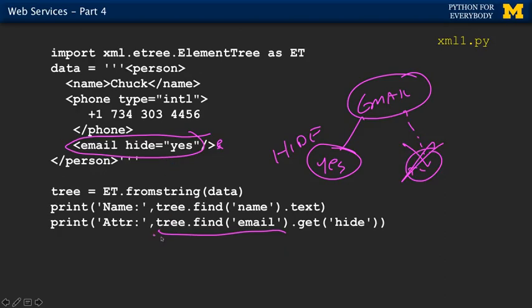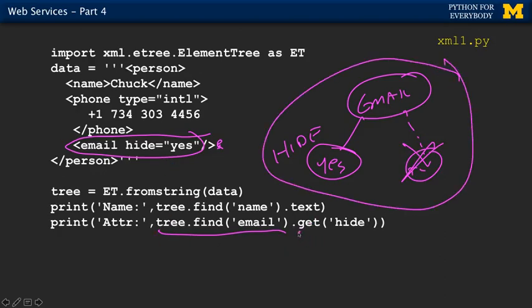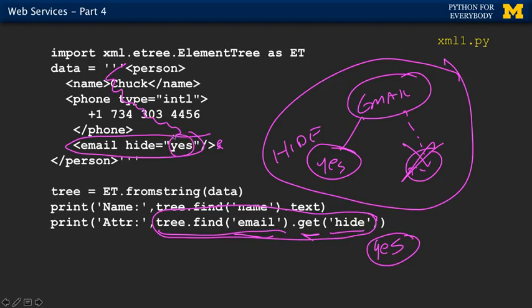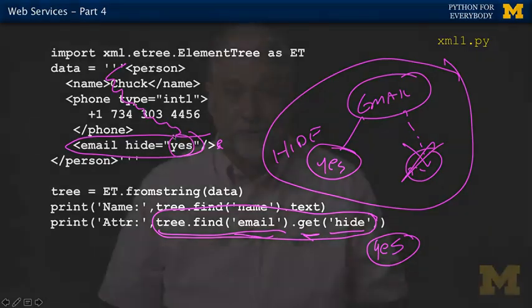So we say tree.find('email'), that gets us this whole thing, and then we call the get method within it and say get('hide'), and that says go find me the attribute named hide within the tag email. And so that then gives us back yes. So this whole expression, tree.find('email').get('hide'), gives us yes. And so that allows us to work our way down in through some XML and pull stuff out of the XML. And that's what we have to do when we're in a program.